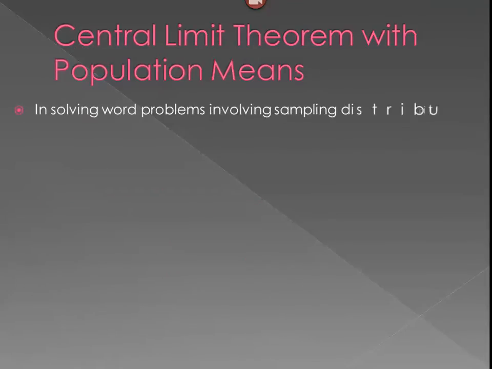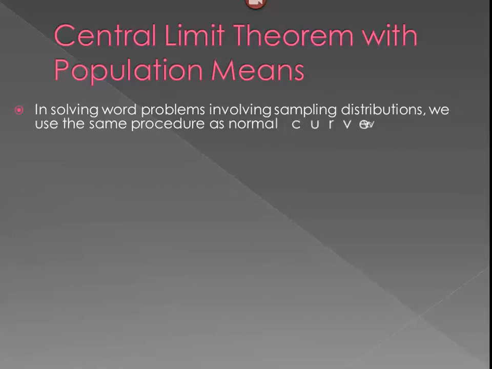So when we go to solve word problems, we change our procedures slightly, knowing that when I take samples from populations, the standard deviation isn't going to be what it was originally. It's going to change. But we're going to use the same basic procedures that we used previously in modules 8.4 and 8.5.